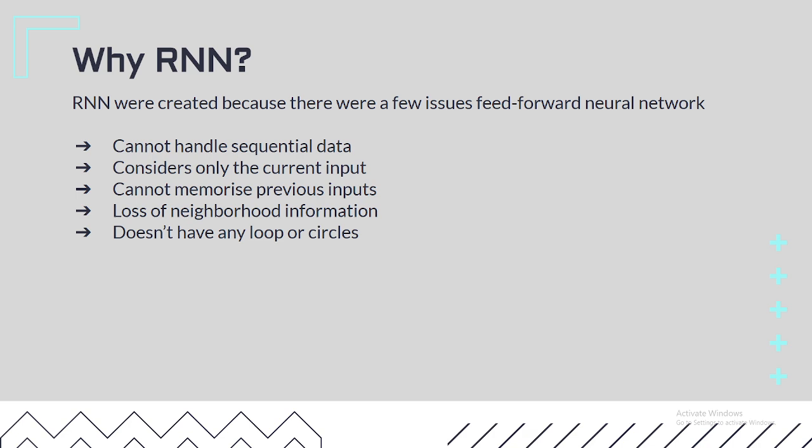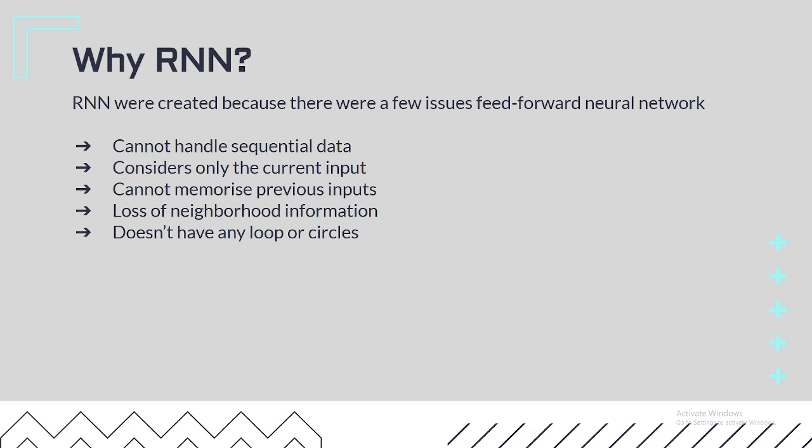They also cannot memorize previous inputs. They have no concept of time or memory. Each input is a clean state with no recollection of what came before. That means they lose important neighborhood or contextual information, which can drastically hurt accuracy in sequence-based tasks.